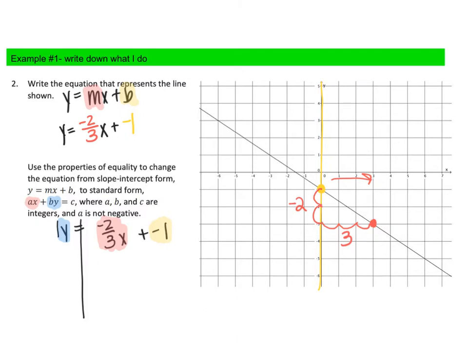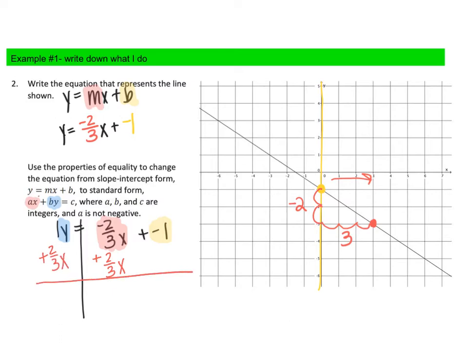Okay? First thing I'm going to do is move my -2/3 x to the other side. Well, what's the opposite of -2/3 x? Positive 2/3 x. So I'm just going to be adding 2/3 x to both sides.